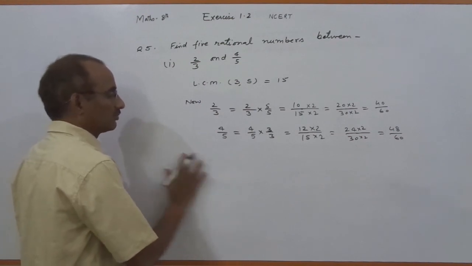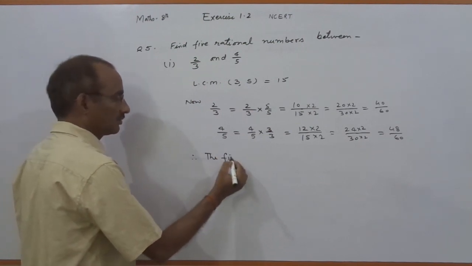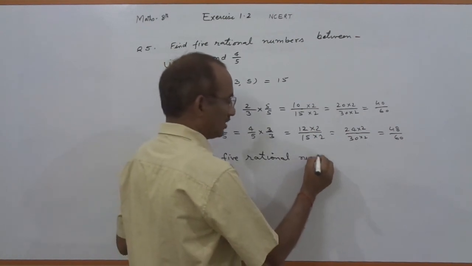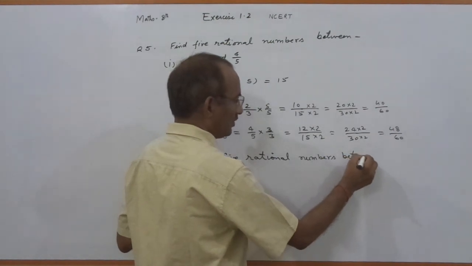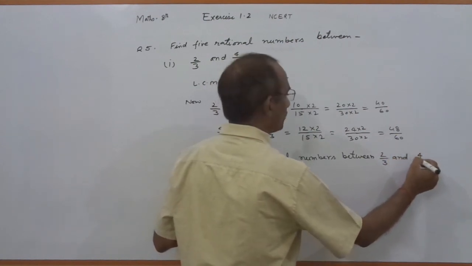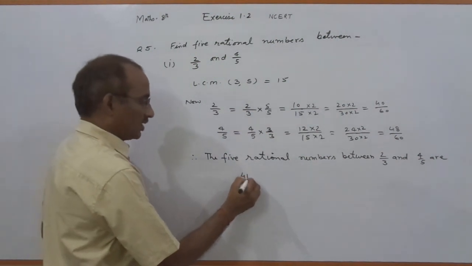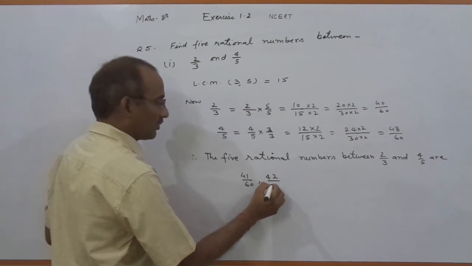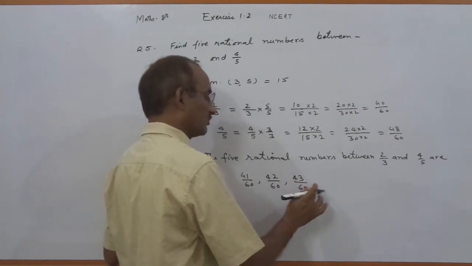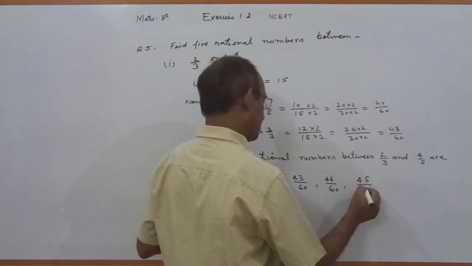Therefore the 5 rational numbers between 2 upon 3 and 4 upon 5 are 41 upon 60, 42 upon 60, 43 upon 60, 44 upon 60 and 45 upon 60.